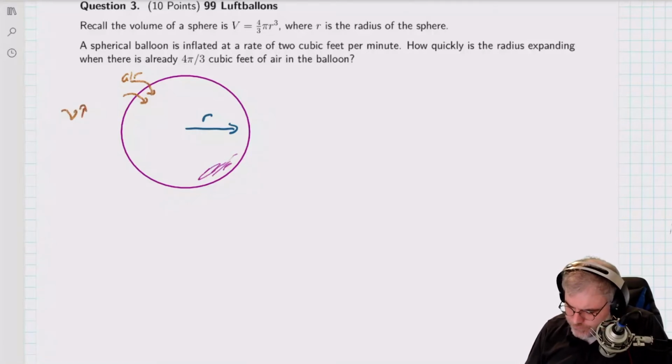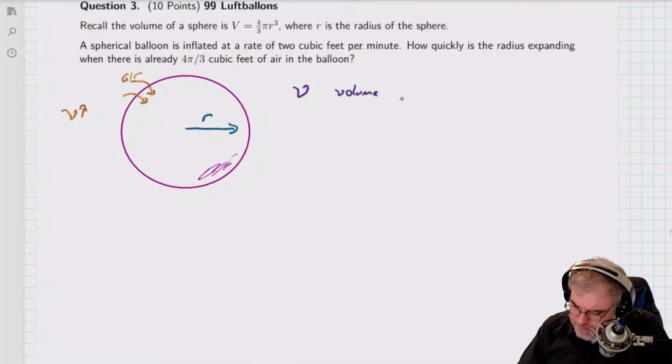And I know the rate is 2 cubic feet per minute. So let's write down our variable list here. We've got V, volume, being measured in cubic feet.